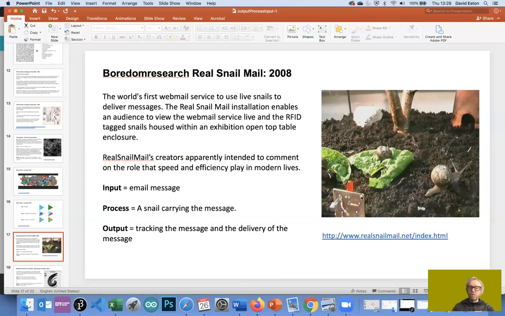And then however long it took the snail to work its way across the area they were in, you could wait for weeks for it to get to the point where it would drop off your mail at the other end and get delivered. And it was live. It was working live. But essentially, you've got the idea of an input, which is the email message. The process is literally the snail carrying the message, and the output is tracking the message and the delivery of the message. And you could see how far your message had got in the process as well. So Boredom Research, Real Snail Mail.